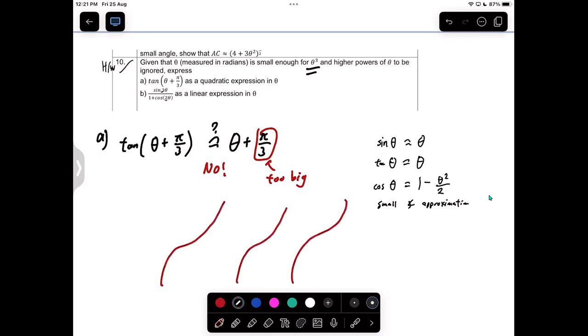When you come up with a Maclaurin series expansion for it, it will be very close for small values of x. Later on, the curve goes up to infinity, and then it's very different from the original curve. So it's only a good approximation for small values of x. This guy is not small. When you have theta plus pi over 3, you're going to be somewhere far away already.